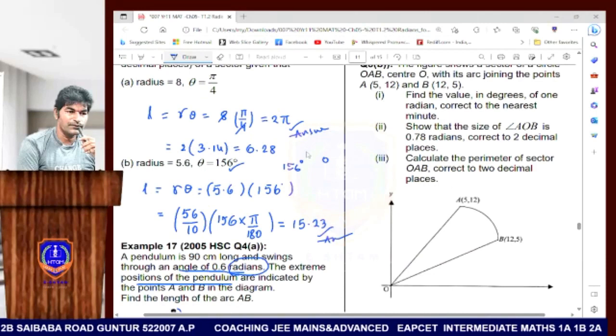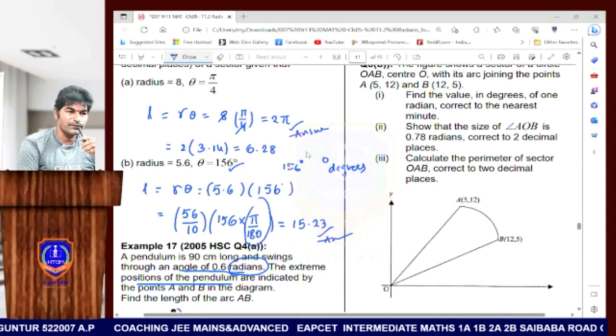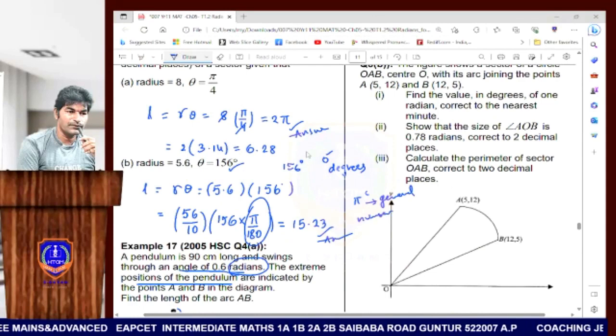That means it was circular measurement, and you have to call it degrees. Generally, we convert degrees into general numbers by multiplying that value with pi by 180. That means we are converting that degree measurement into normal numbers. If there is no power zero, that means it was radians. Radians means general numbers, what we use in daily life.